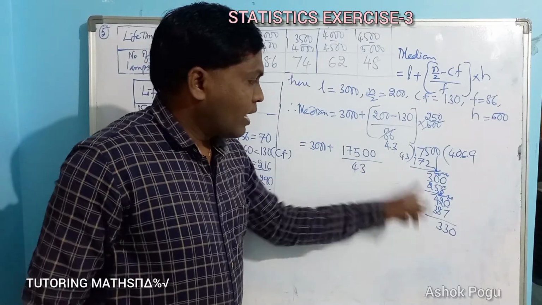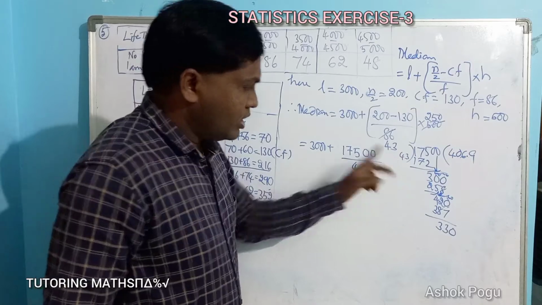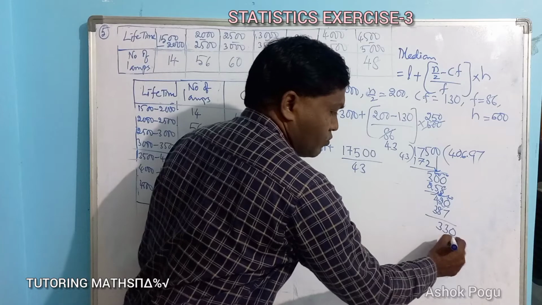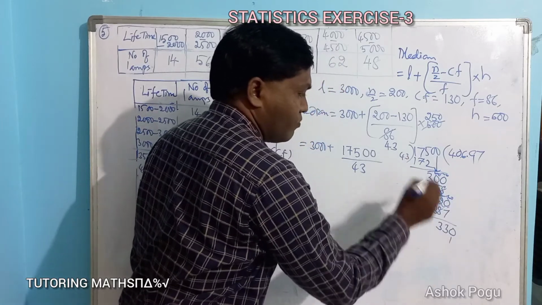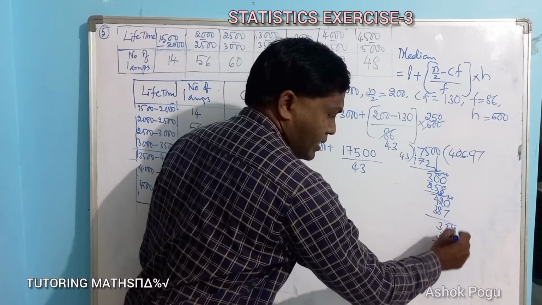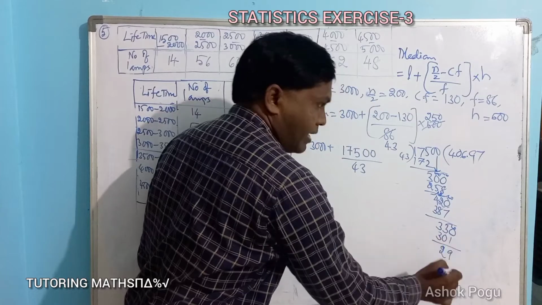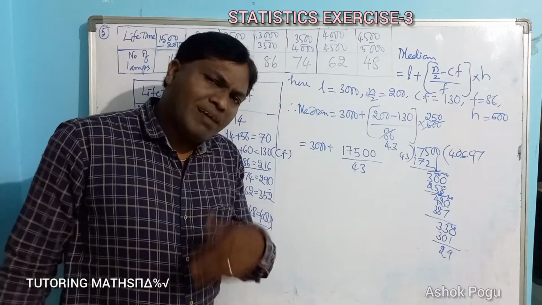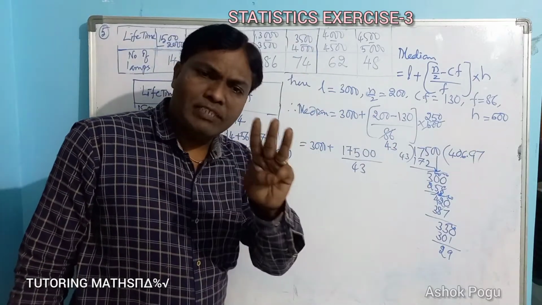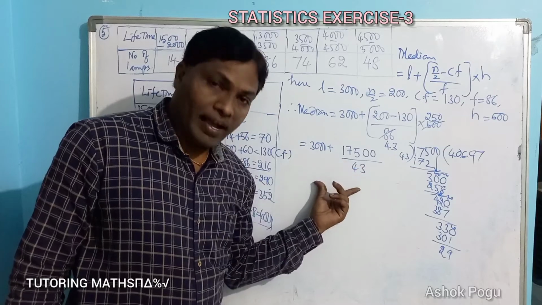In the 43 table, I think 8 is not possible. 7 is possible. Yes, 7. 7 threes are 21, 2 is left. 7 fours are 28 plus 2, 30. Now 10 minus 1 is 9, and it is 29. I have already told you many times in previous videos and questions that it is better to find 3 decimal places and then correct to 2 decimal places while writing the final result.